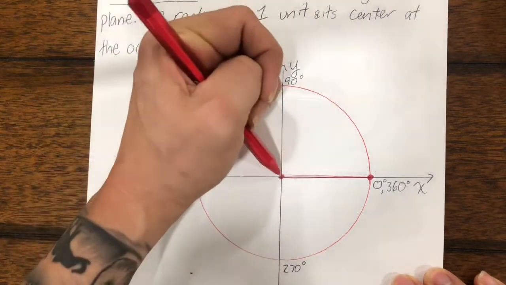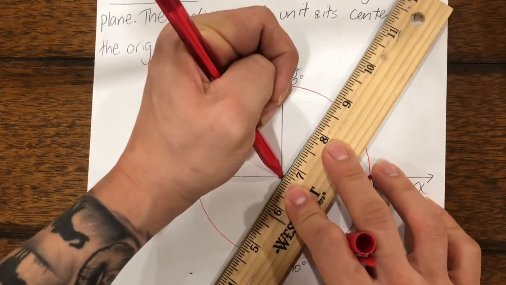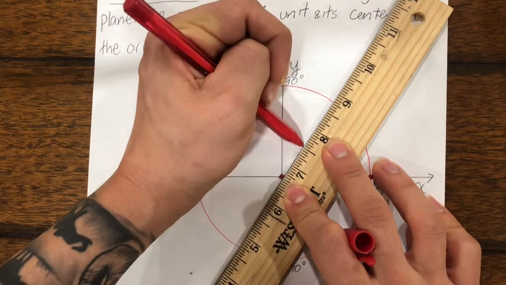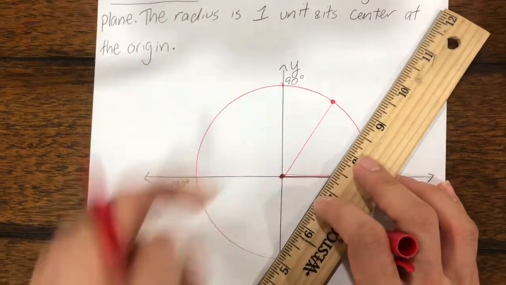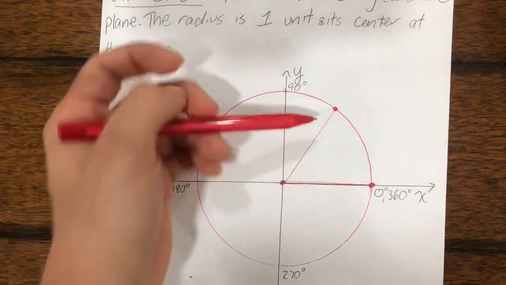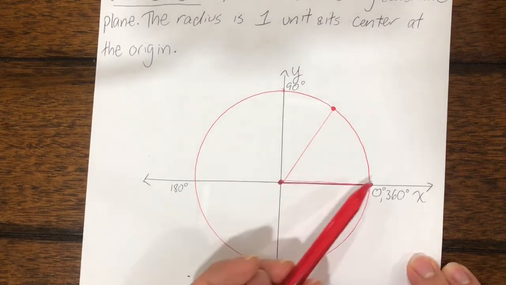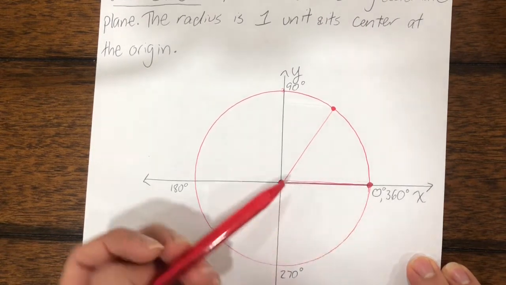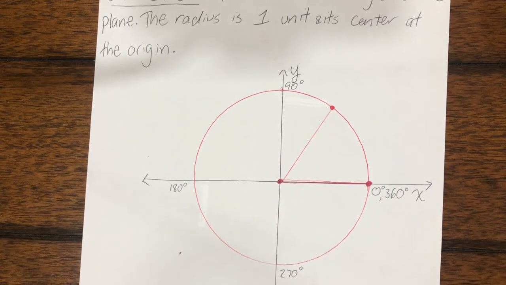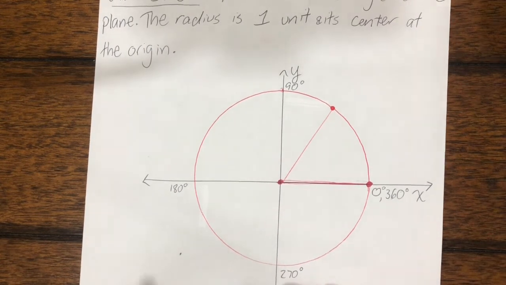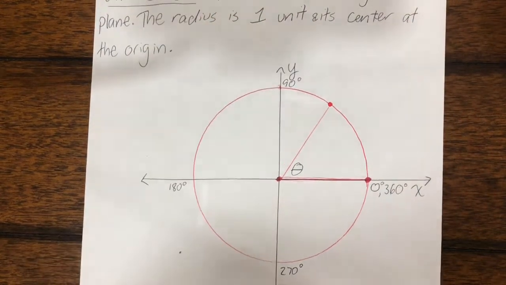So I'm going to draw a line from the center to anywhere on the circle. This represents the terminal side. Remember, this is the initial side of the angle, and this is the terminal side. And with the angle, we always have the angle measurement, which is represented as theta.